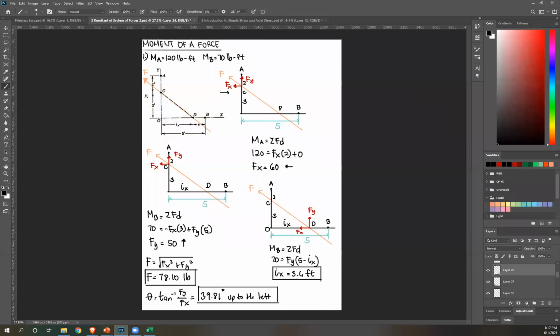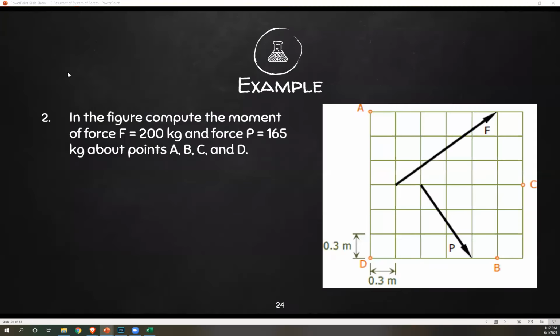No. All right. So, no questions. The next question has a bit of a long solution since we're taking moment about A, B, C, and D of each course. So we'll have 8 answers for number 2. Okay?